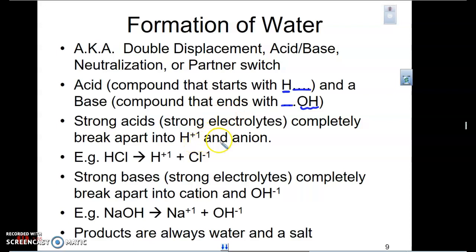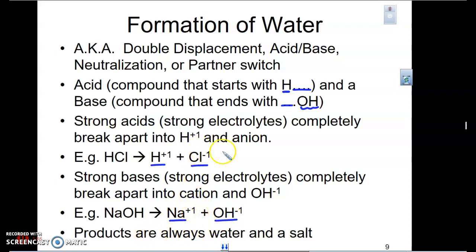Strong acids are the only things we look at. Strong electrolytes, they break apart completely. So if I take a strong electrolyte like hydrogen chloride, okay, so hydrochloric acid is a strong acid, it is going to break apart into a hydrogen +1 and a chloride -1. So those are free to move around and react. Strong bases, and that's all we'll look at, are strong electrolytes that completely break apart into a cation of some sort and hydroxide.